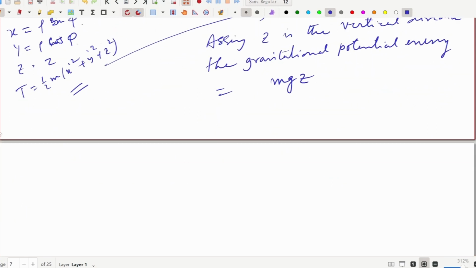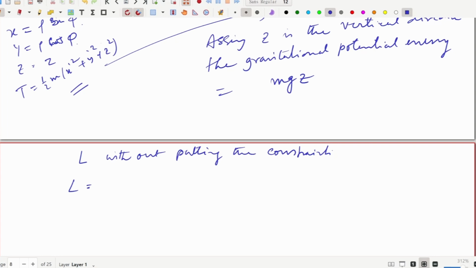So without putting in the constraints, the Lagrangian will be half m times rho dot square plus rho square phi dot square plus z dot square, minus mg z.